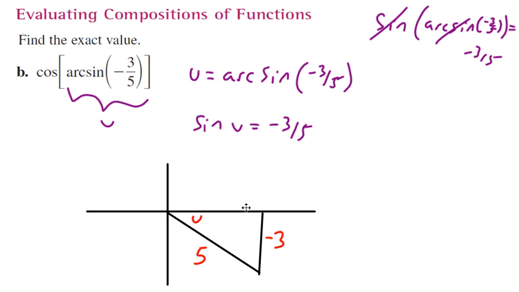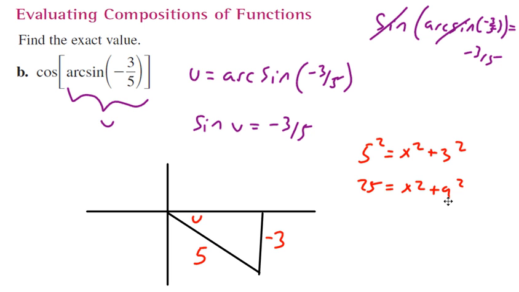To find this value, we use the Pythagorean theorem. So 5 squared equals x squared plus 3 squared. It doesn't matter about the negative sign because it's going to go away anyway. So 25 equals x squared plus 9.